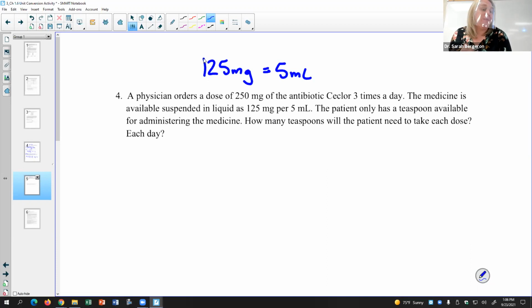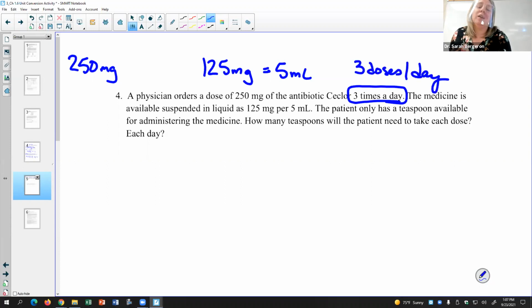For this problem, okay? The dosage is 250 milligrams of the antibiotic 3 times a day. So what kind of a relationship can I say with that? You're going to have 3 doses per day, right?